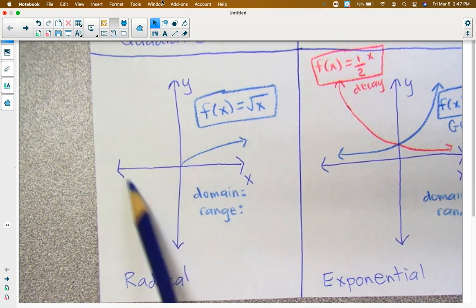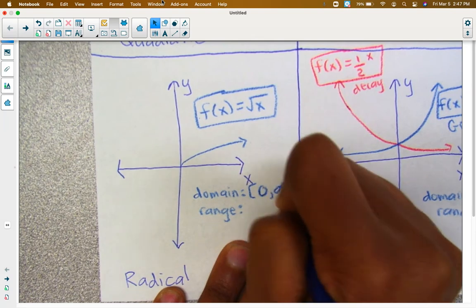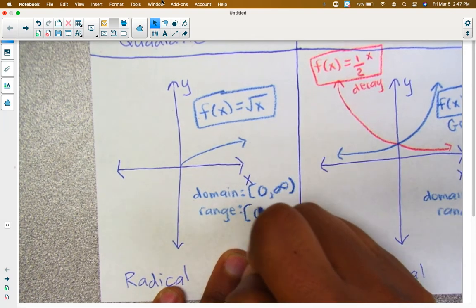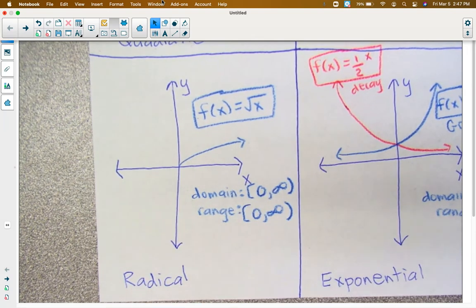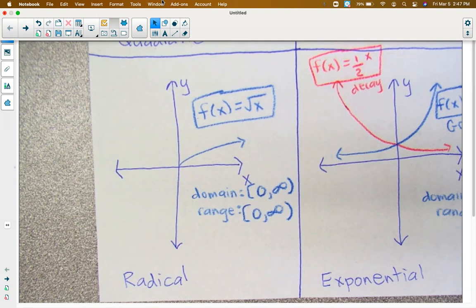It's not going to be in any other quadrant but the first quadrant. So my domain is 0 to infinity, and so is the range. So my domain and range are both 0 to infinity for my parent function. It'll never be anything outside of that until I make it move left, right, up, down, or stretch.